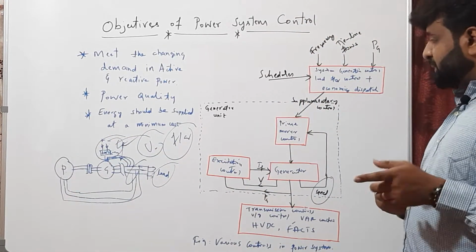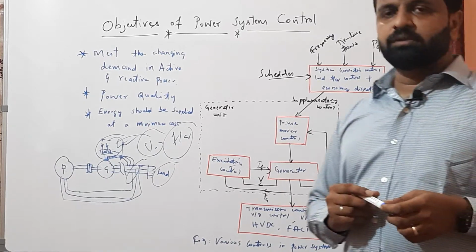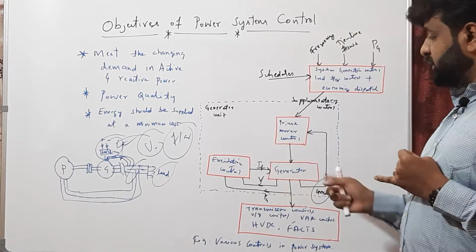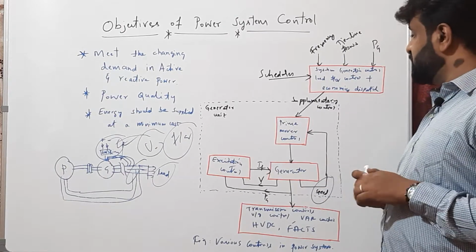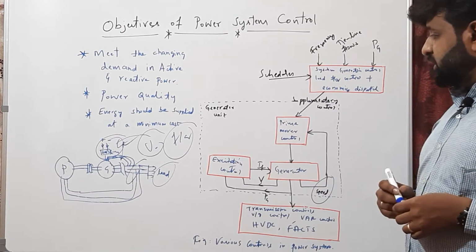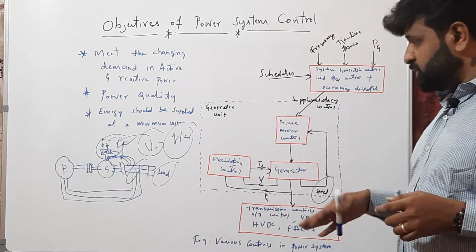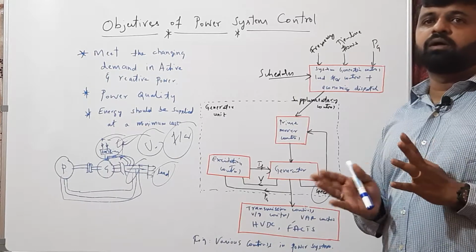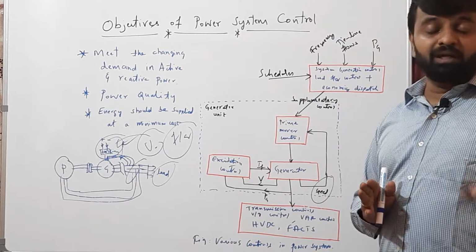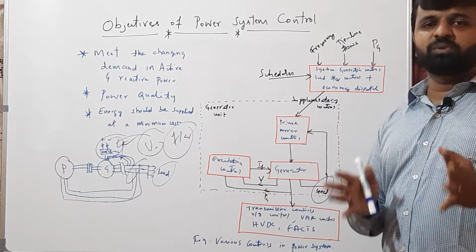Majorly we are going to concentrate on three things: stability, reliability and security. So three points to be remembered. Security means we have to secure the entire system with the use of certain devices. Stability means that in any abnormal condition and normal condition, it should be stable.